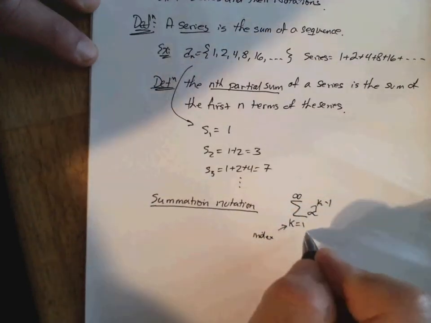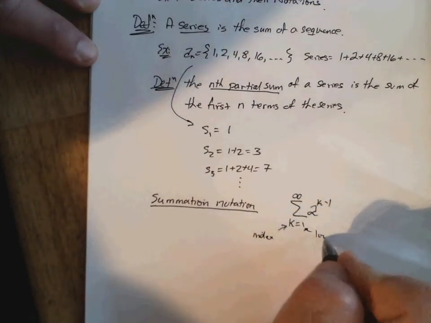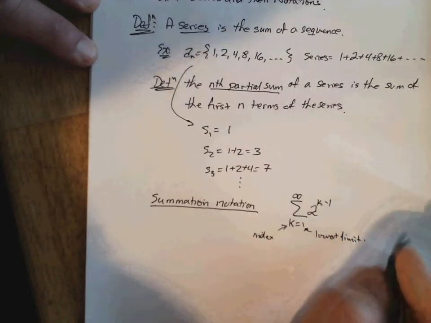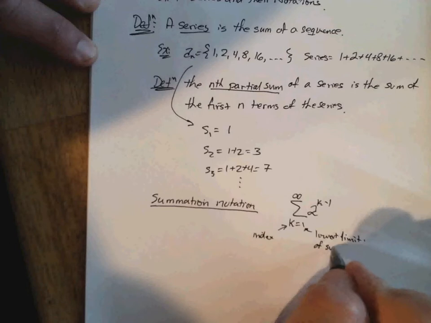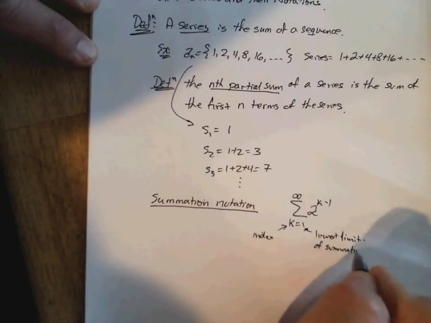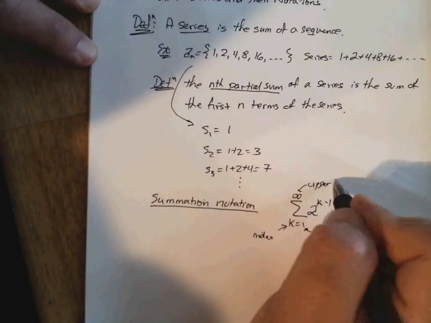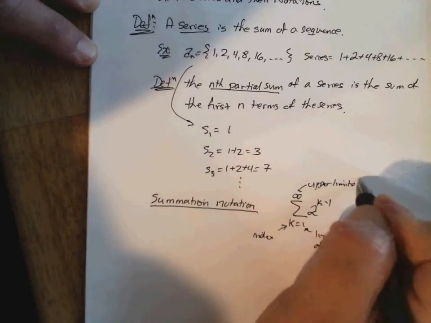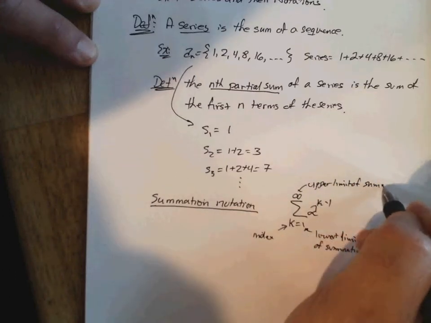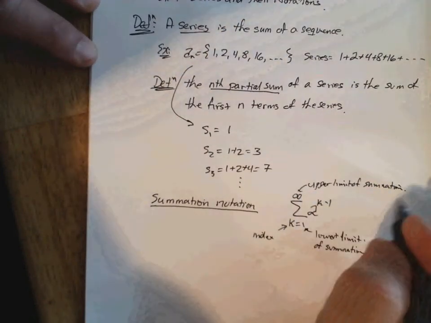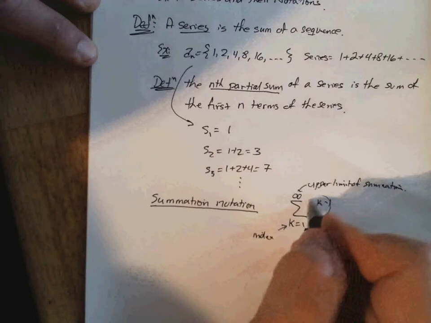This 1 is the lower limit of the summation. The value up here is the upper limit of the summation. It could be a finite value or it could be infinite, as it is here. And this part right here, this is the formula.